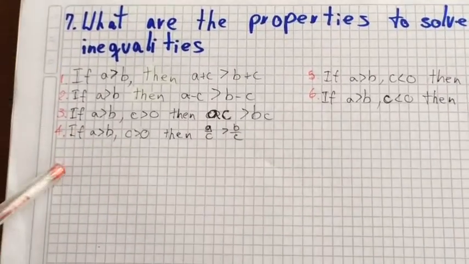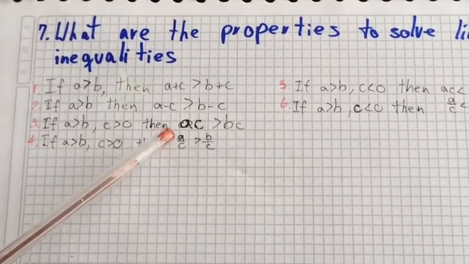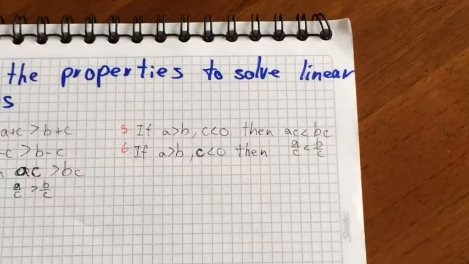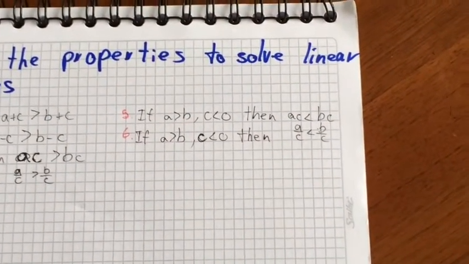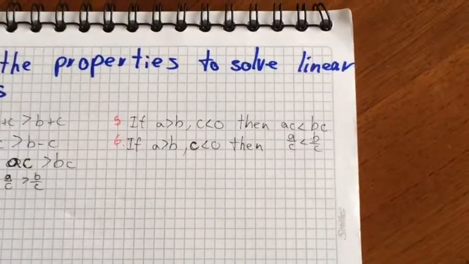If a is greater than b, c is greater than 0, then a divided by c is greater than b divided by c. 5. If a is greater than b and c is less than 0, then a times c will be less than bc.